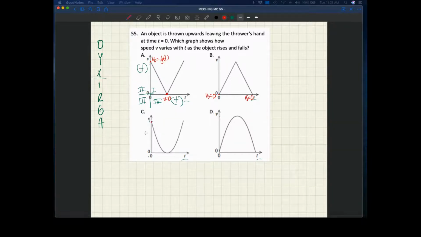Third graph, we again start with v0 being a large value that is positive, decreasing to a v equals 0. And the last graph, we again have v0 equals 0. And we're ending up with v equals 0.